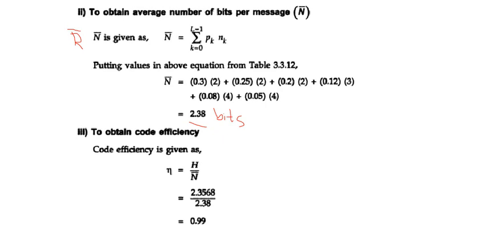Entropy is 2.3568 and average code word length is 2.38, so the efficiency we got is 0.99. But always remember, efficiency should always be less than 1. Efficiency can't be more than 100%. If you get efficiency more than 100%, you might have made a mistake somewhere.